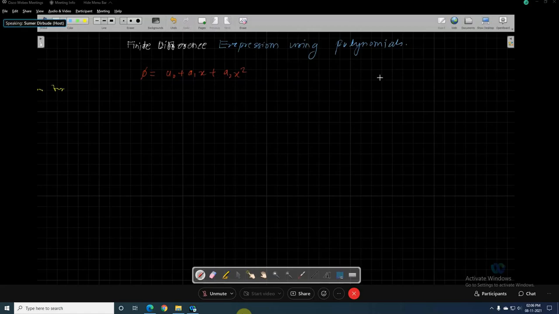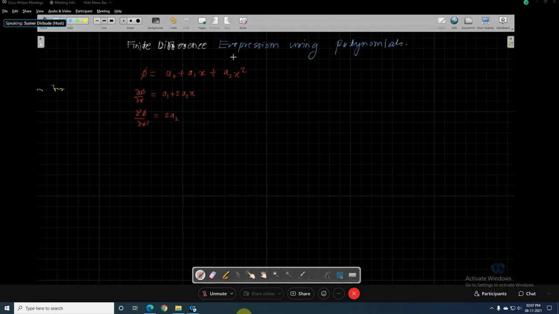You can take any order of polynomial. Suppose I have a second order polynomial, then I can have del phi del x, the first order derivative, which will be equal to a1 plus twice a2 x. I can have the second order derivative, del 2 phi del x2, equal to twice a2, isn't it?